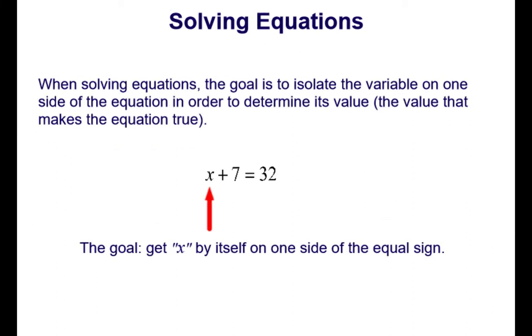For example, the equation here was adding 7. So we need to think of the inverse, or the opposite, of adding 7. Well, the inverse of adding 7 would be to subtract 7. That would be the inverse operation to help us get x by itself.